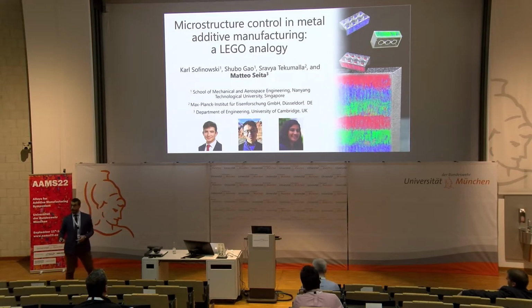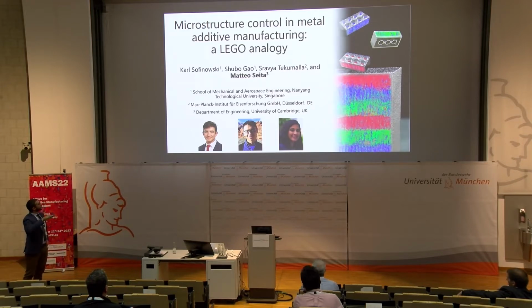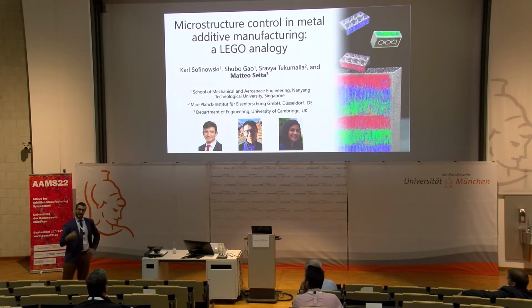The people who actually wrote these stories are the people that I listed here and that you can see here. These are my PhD student, Shubo Gao, and my two postdocs, Kar Sofinowski and Stravia Takamala. Stravia now is at MPI in Düsseldorf, and she's working on AM, and she'll be joining academia fully as a faculty member quite soon.